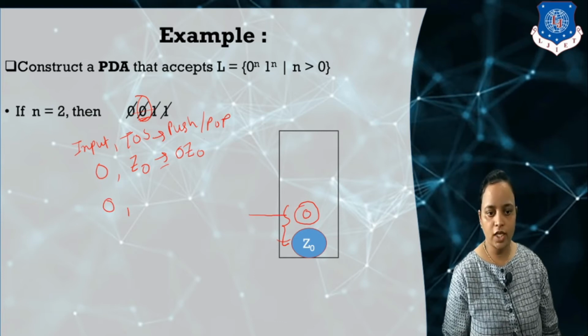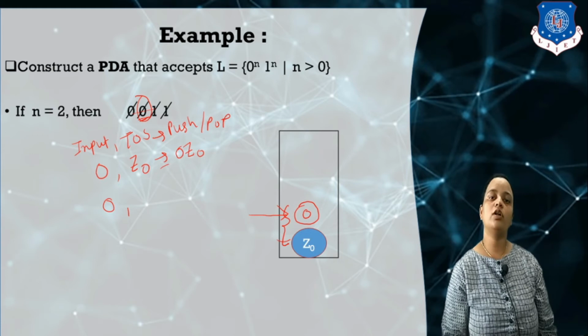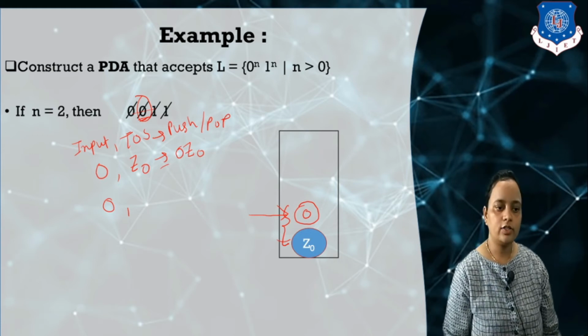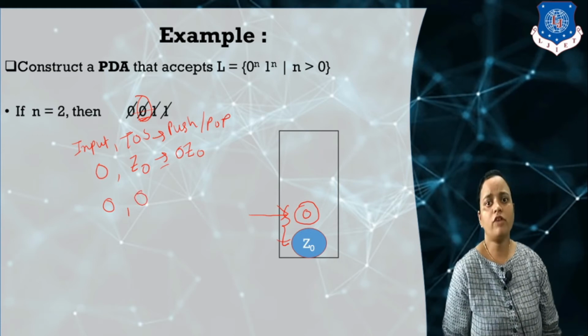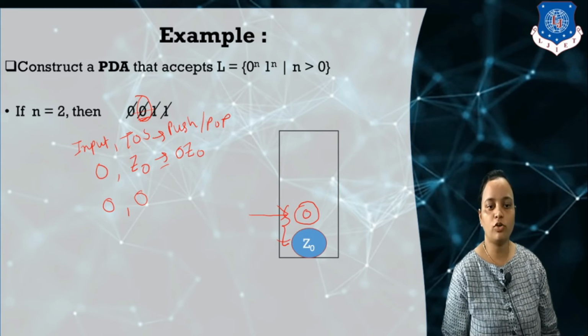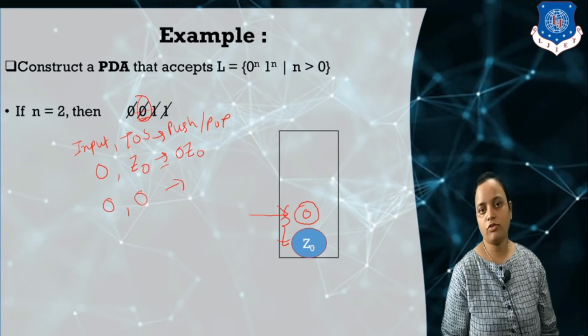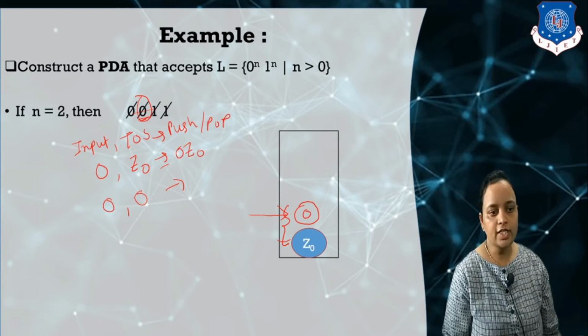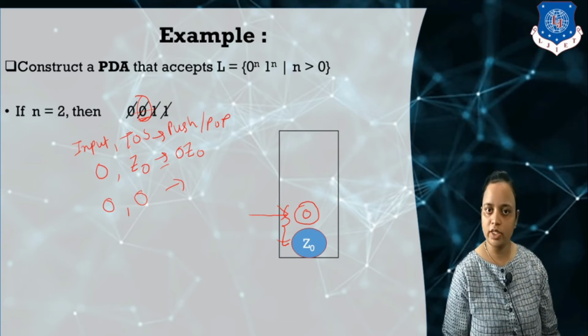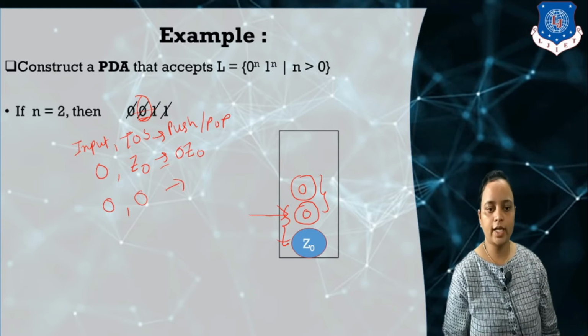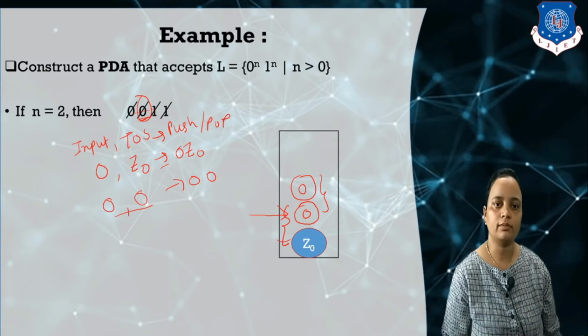Now if you see what topmost symbol the stack contains, it contains a 0. So for 0 input, we perform a push operation. How can we write the push operation? The reading symbol is first inserted onto the stack. So this second 0 goes onto the stack. Now the stack contains double 0, so we can directly combine these two things, 0 0. This is called the push operation.